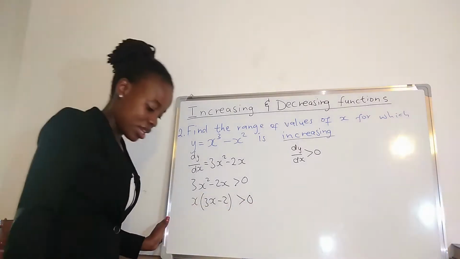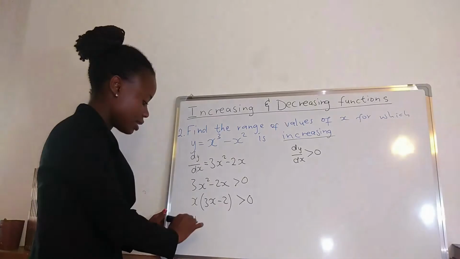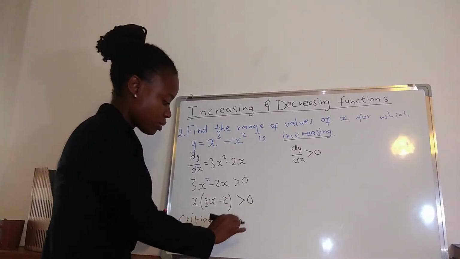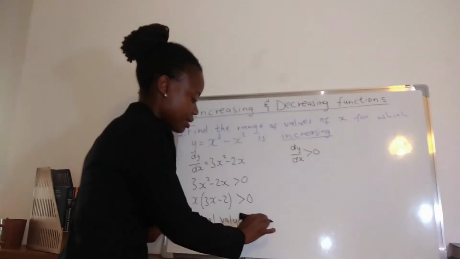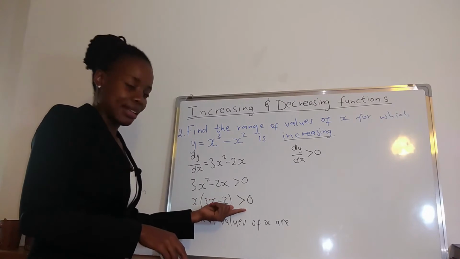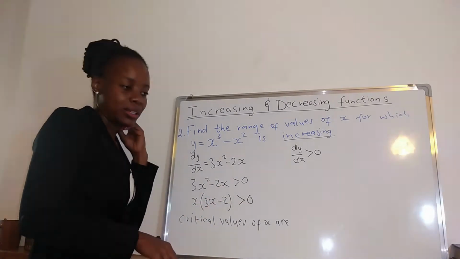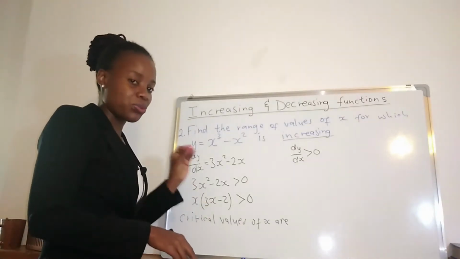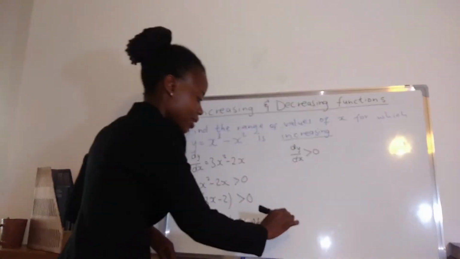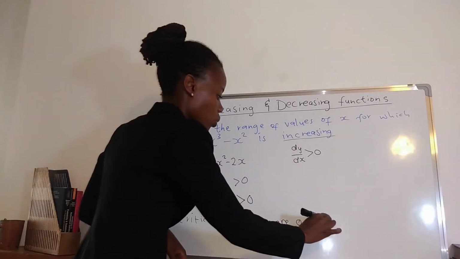After here we're going to have critical values of x. We're just going to say x is greater than 0 and x is greater than 2 over 3. We're going to test to find whether it's greater than or less than. So critical values of x are 0 and 2 over 3.